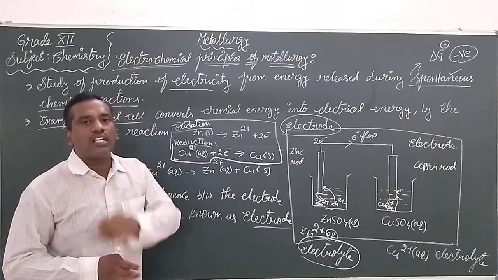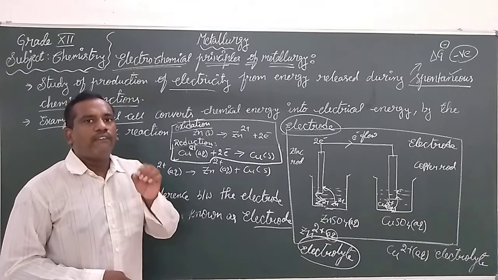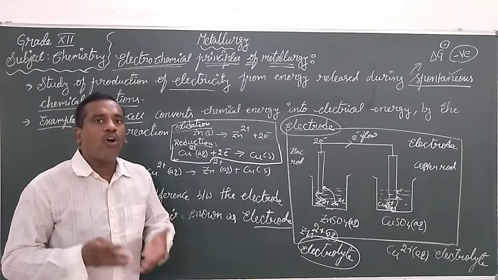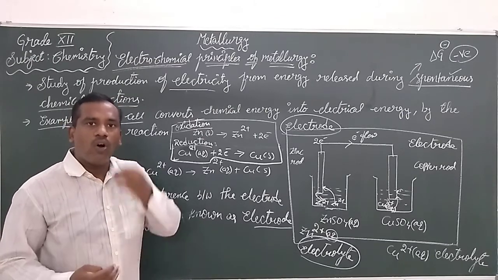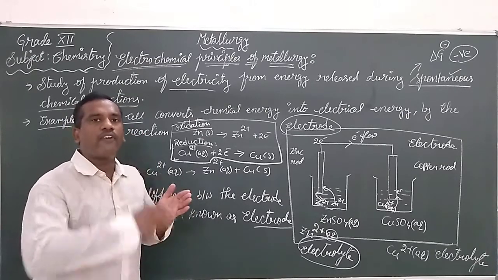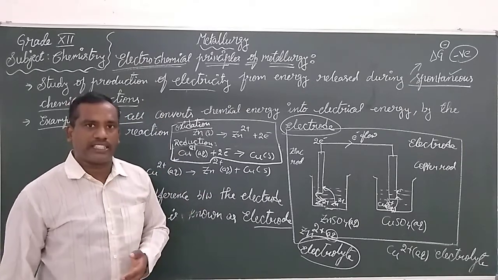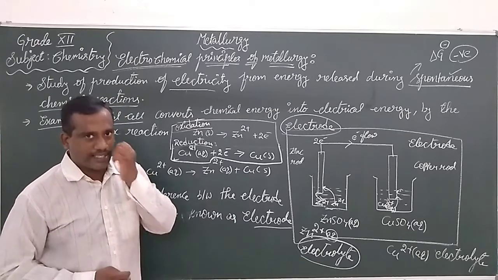In this redox reaction, flow of electrons takes place. We know when the electrons are flowing from one place to another, current will flow in the opposite direction.